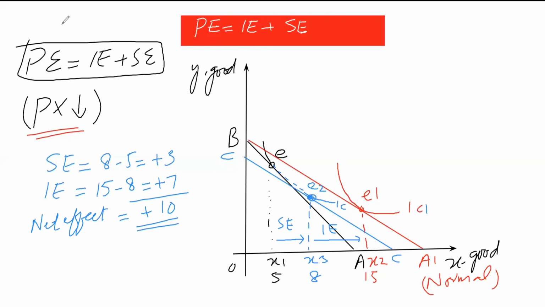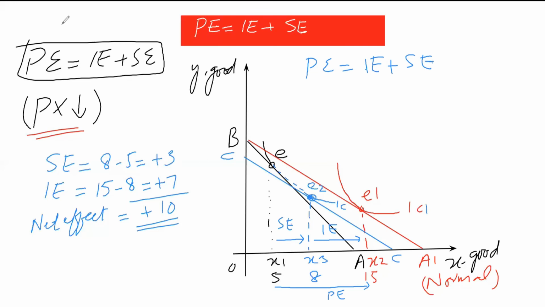Okay, now we have separated the income and substitution effect in this overall situation, and we can now prove that price effect is equal to income effect plus substitution effect. In this scenario, price effect is from x1 to x2. So 15 minus 5 is our price effect.